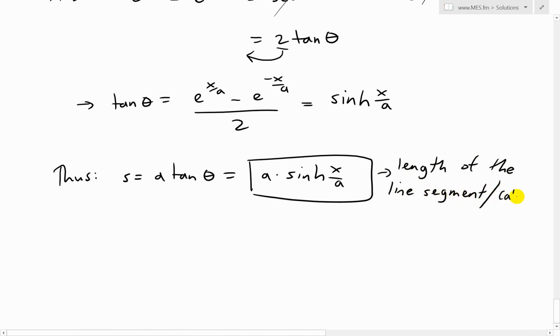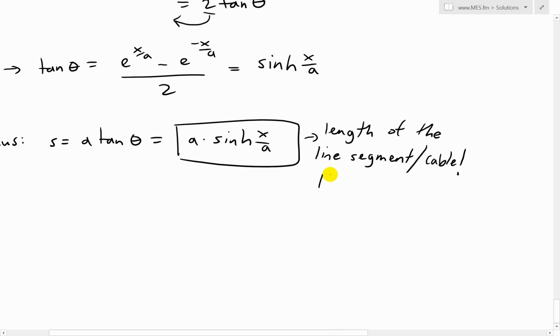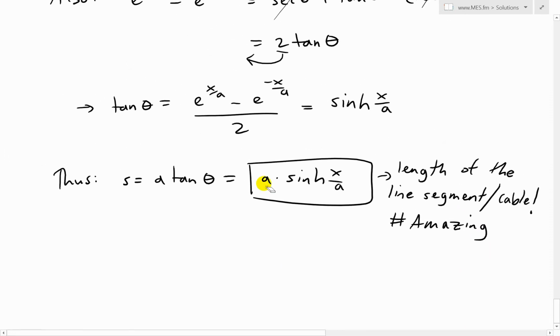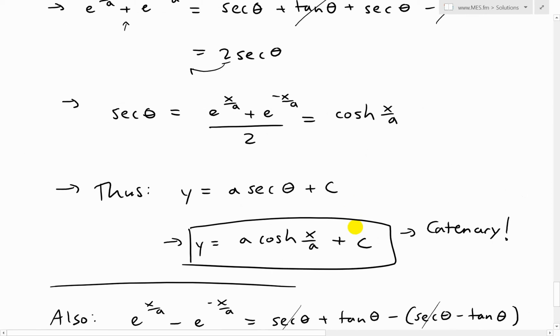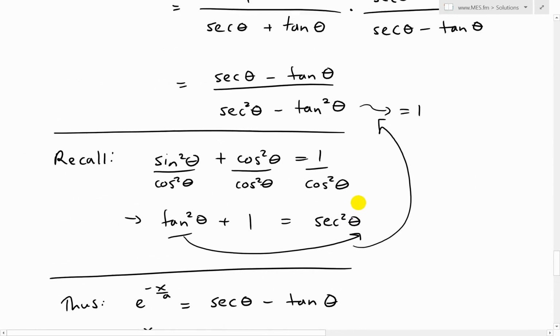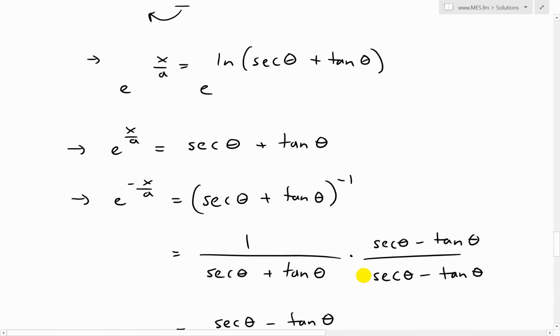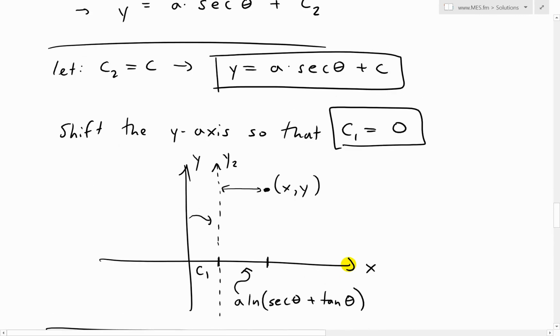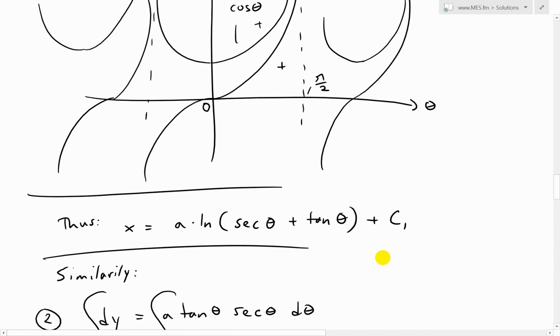Amazing. Hashtag amazing. So we get both the length and the equation of the catenary all in one go, and all in this abstract way using the chain rule and differentiation and integration and trigonometry, hyperbolic trig. Very amazing.